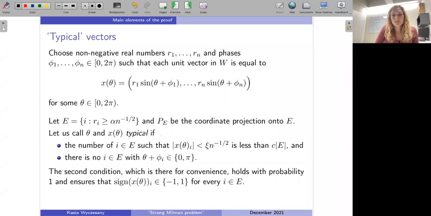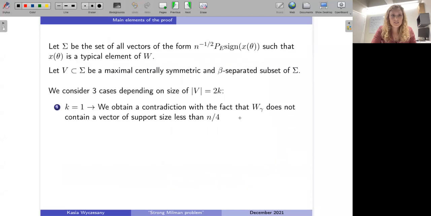And we call a point typical if the number of coordinates which are small is less than a certain number. And one can show that this happens with quite high probability. And this is just a condition which is here for convenience, which just means that, and it holds with probability 1, the sum of phi and theta_i will not be 0 or pi, so that this does not become 0, of course, in any coordinates.